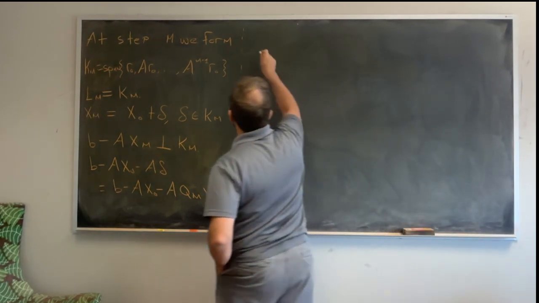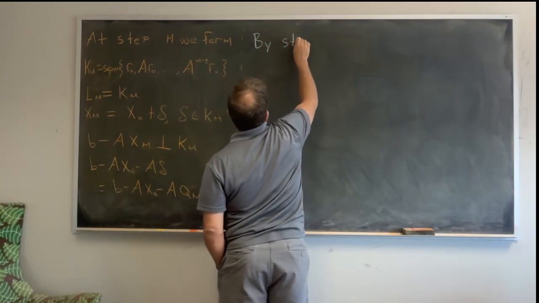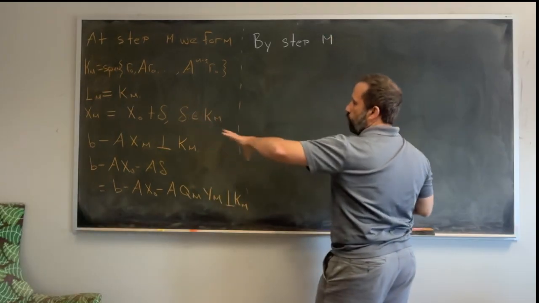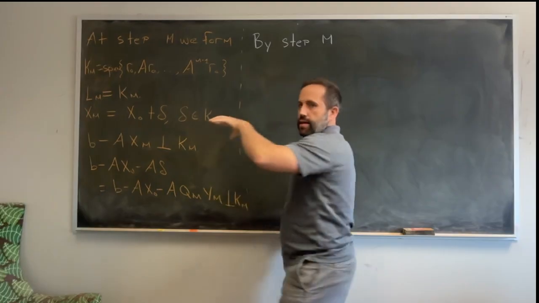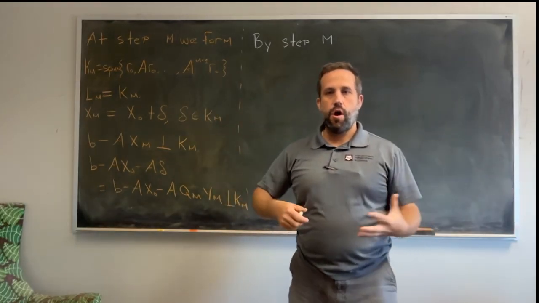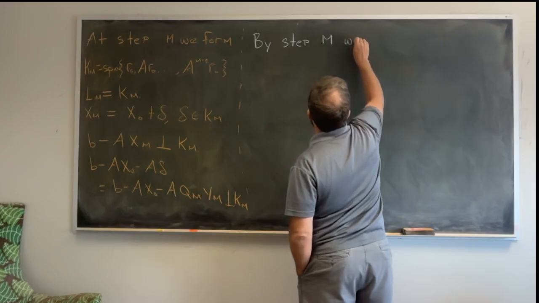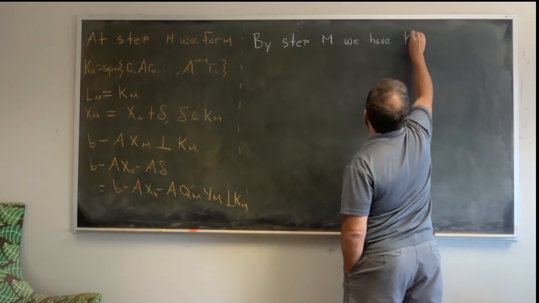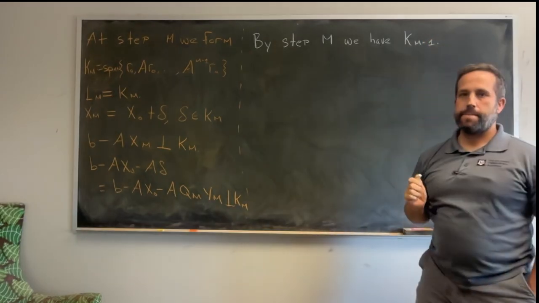So by step m, we've already formed this space up to m minus 1. So at step m, we're going to form this new space. By step m, we have formed Km minus 1.